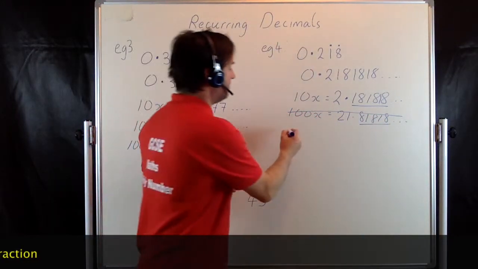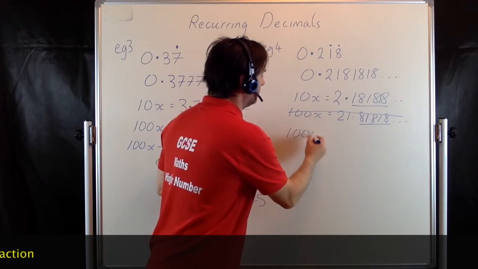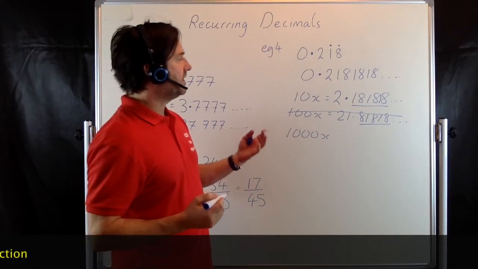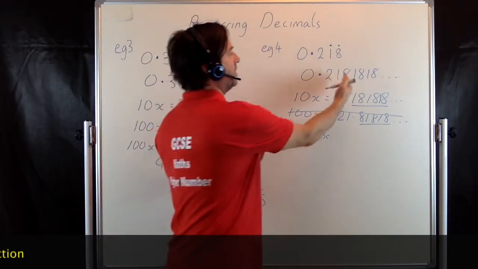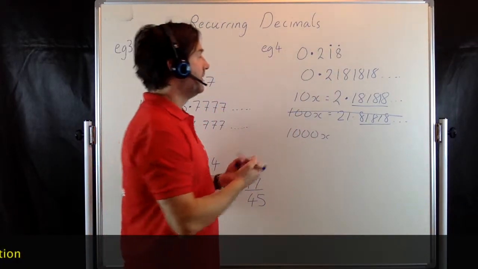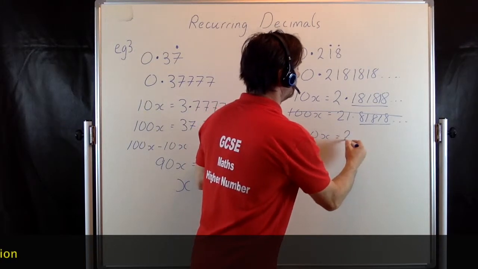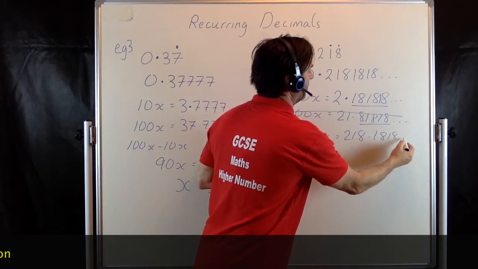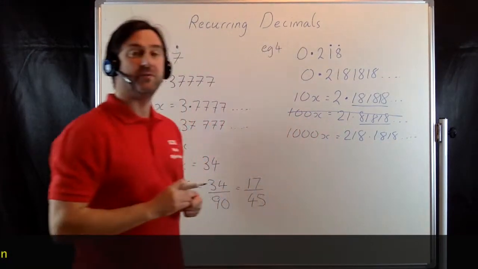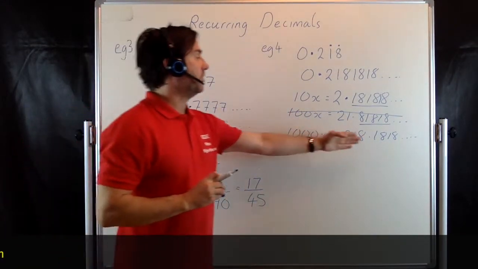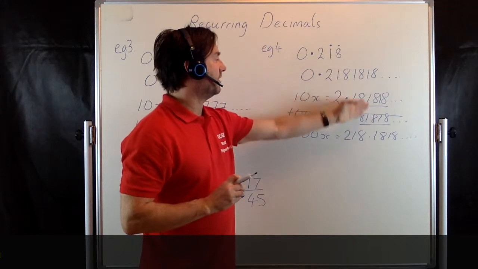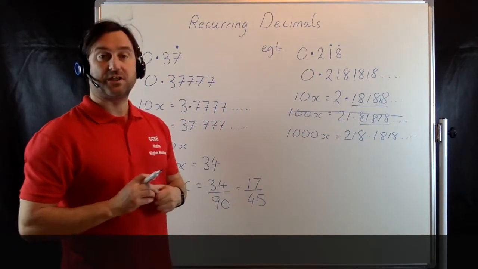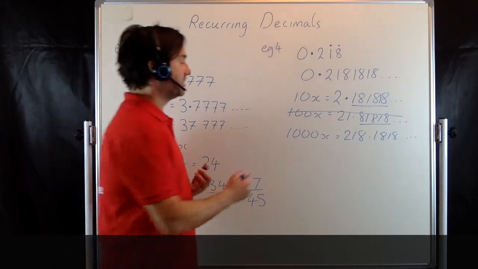But look what happens if we multiply it by 1000 this time. 1000x is going to move our digits 3 places to the left. So I'm going to have 218.1818 continuing on. Now if you look, we've got the 0.18 in both of these, in the 10x and the 1000x, after the decimal point. So now I can subtract them.